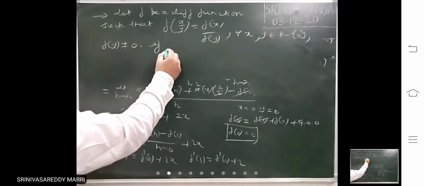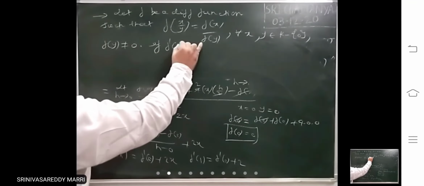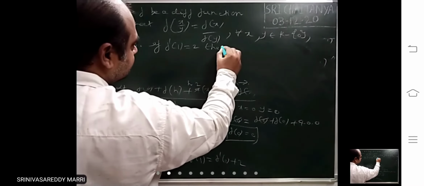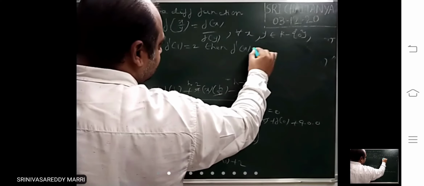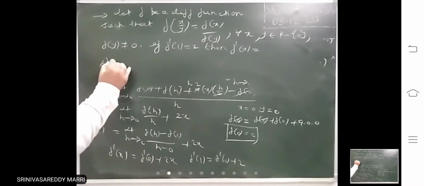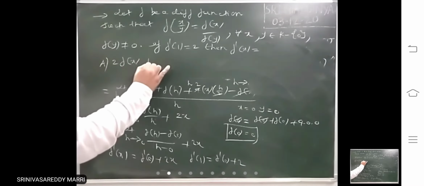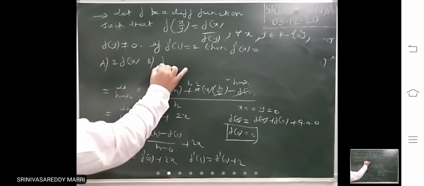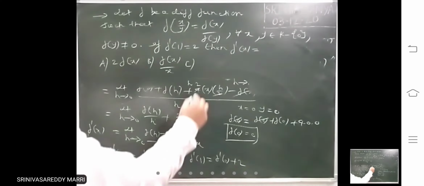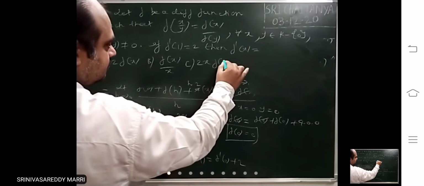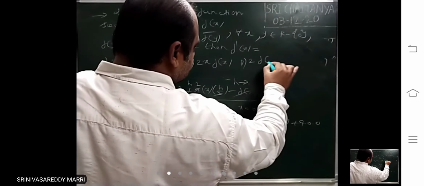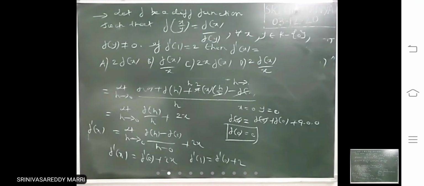If f dash 1 equal to 2, then f dash x equals to a. Look at this.